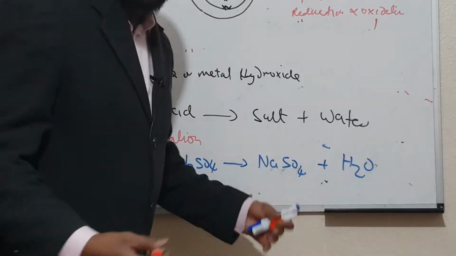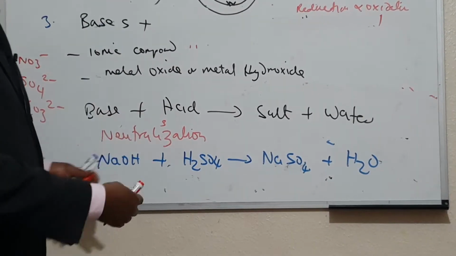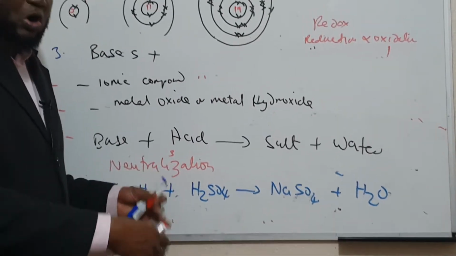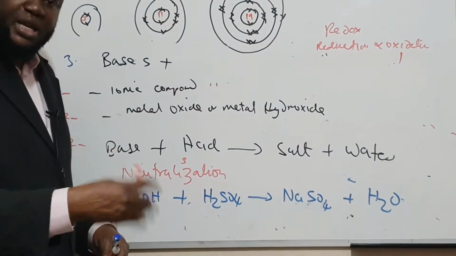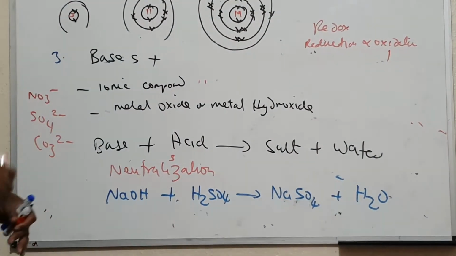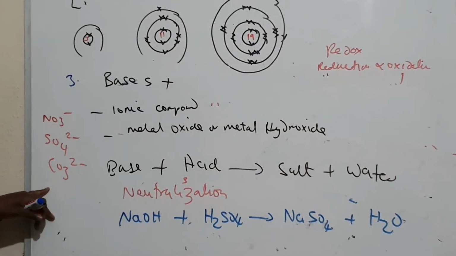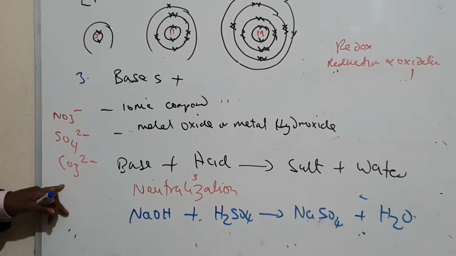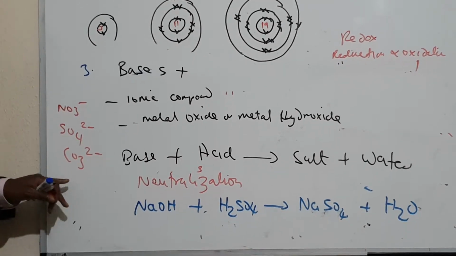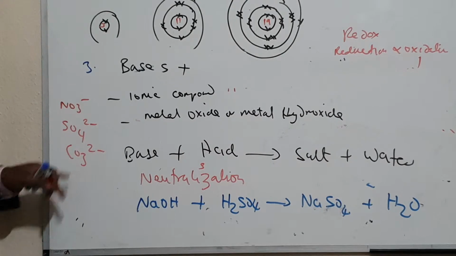You have to read. If you're interested in chemistry, you must read. You must go over the video, many times, then it sticks in your mind. We have done this before. These are compound ions, and these are their valences.